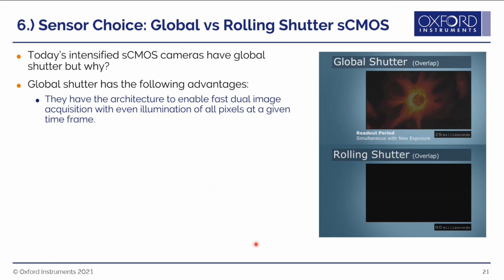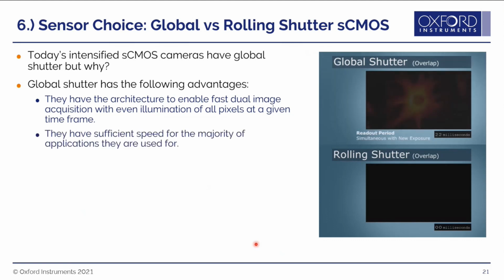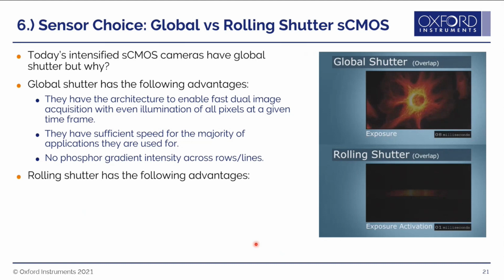This is very important if you're using it for an application such as PIV, where you're taking two rapid interframes. You need all the pixels to stop and start acquiring simultaneously. You also want even illumination of pixels at a given time, because if you don't evenly illuminate all your pixels at the same time, and you're using a phosphor to acquire images, you'll see a difference in intensity as you read out and expose, as you would in the case of a rolling shutter, where you start acquiring from the middle of your sensor and expand outwards.